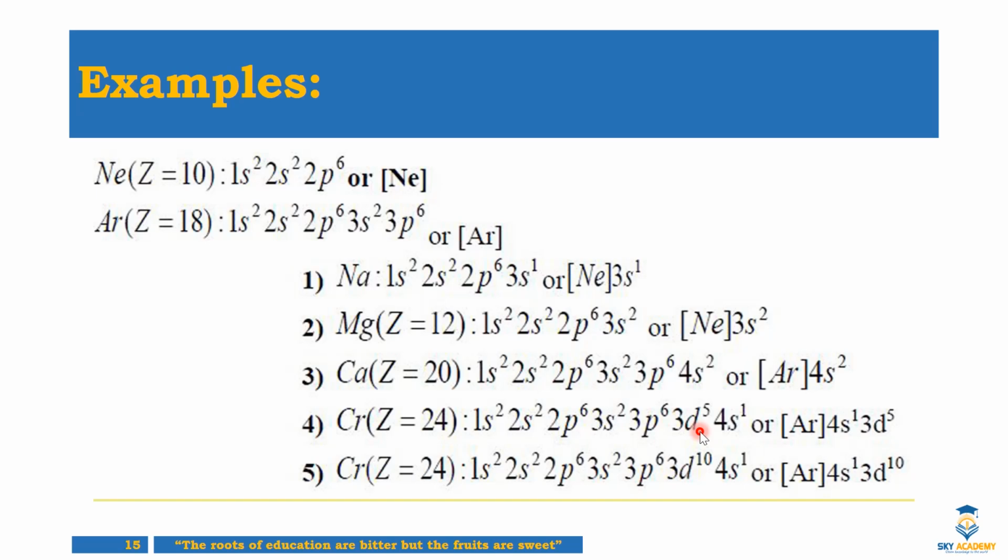For the transition metals, for a d orbital to be stable, it needs to be filled with 10 electrons or half filled with 5 electrons. So any other way which can be done in order to make a d orbital stable, it can be made.